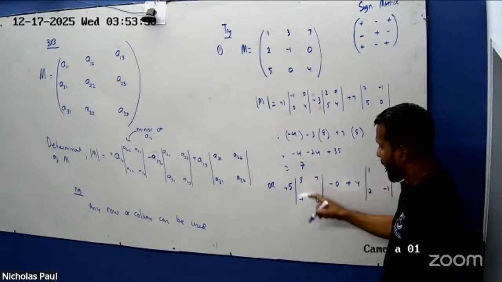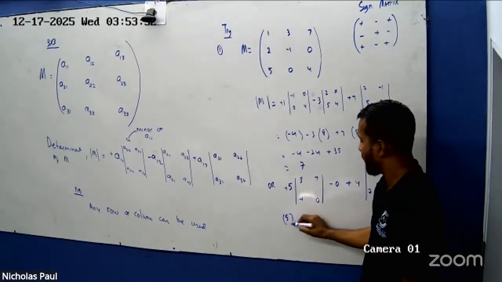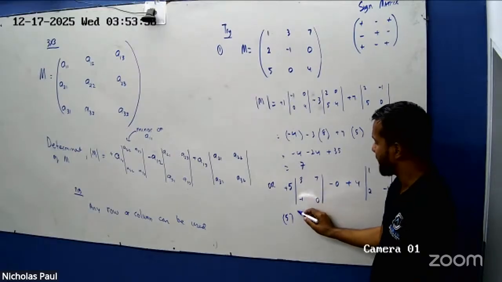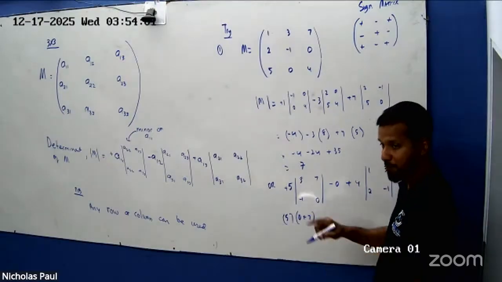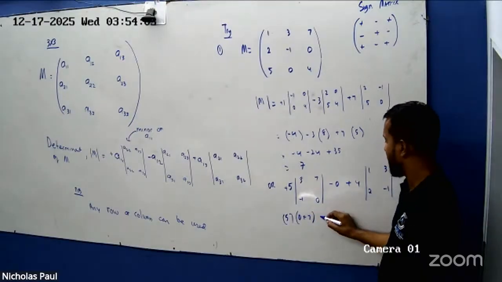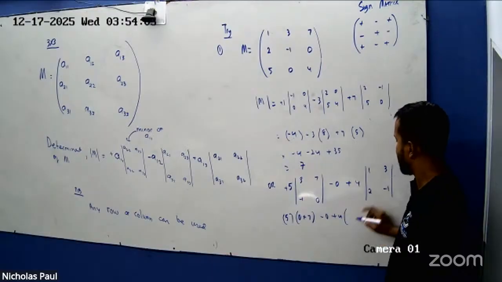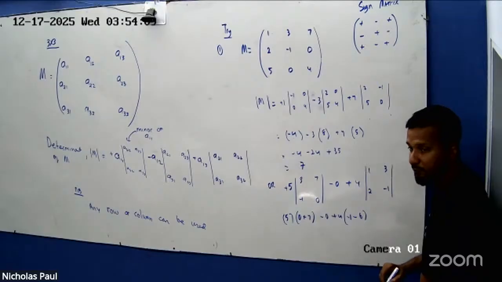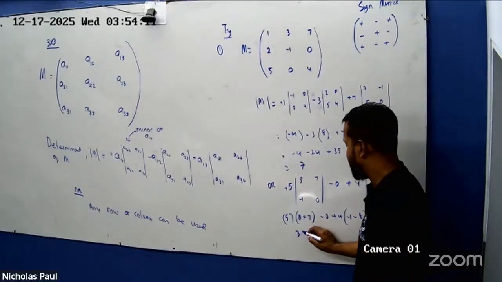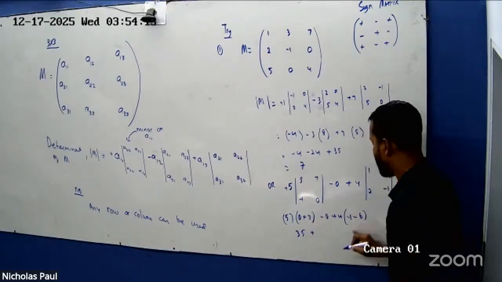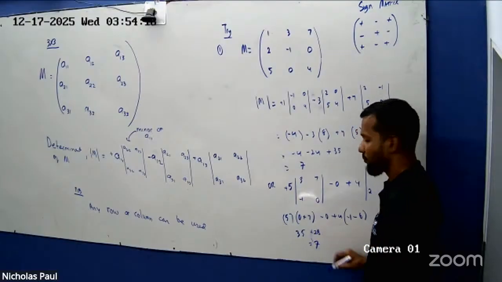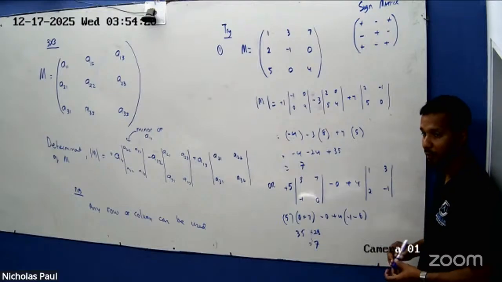And now I'm gonna work this out. 3 by 0 is 0. 7 by -1 is minus, so that becomes +7. That is minus, right? Same thing here. -1, -2 by 3 is 6. So this becomes 35. This becomes 20. That's okay. That's how you find the determinant.